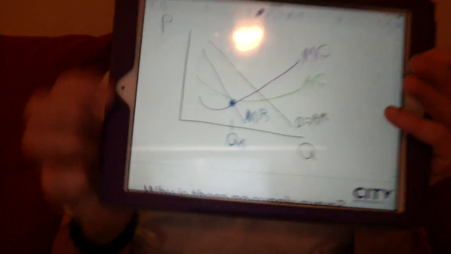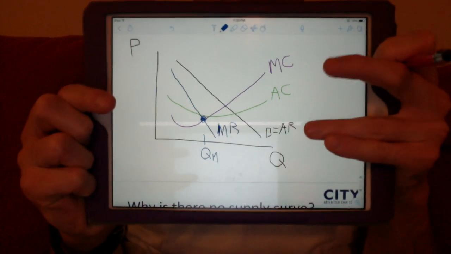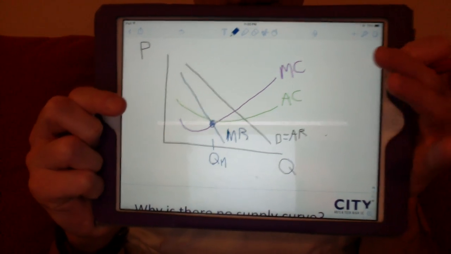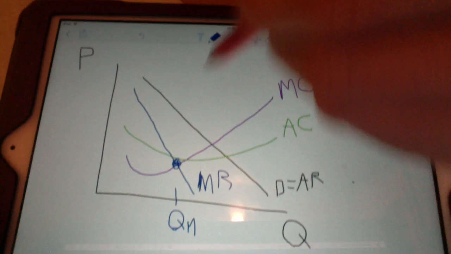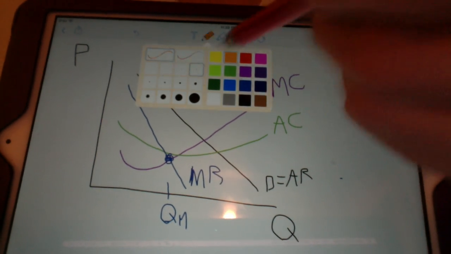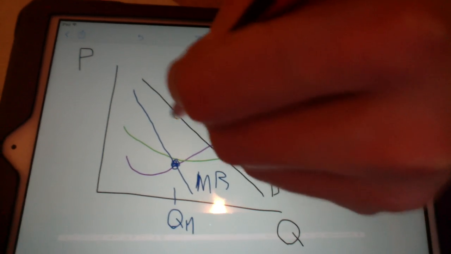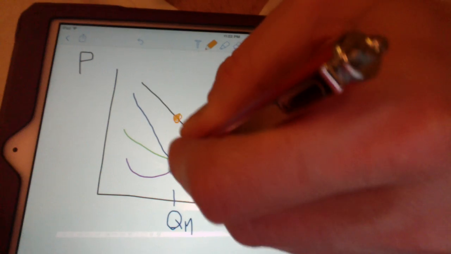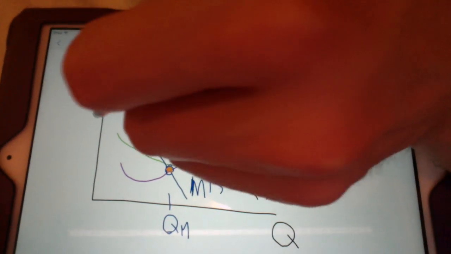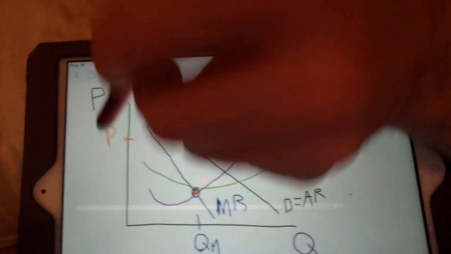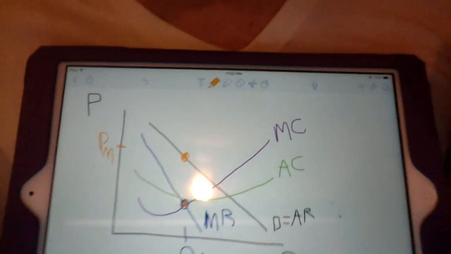Well, what do we have to look for? We have to look to our demand right here, that black curve. So we're going to go to that one. What price are we willing to pay at? Well, that is right here. So that is the price that the monopolist is going to sell at.